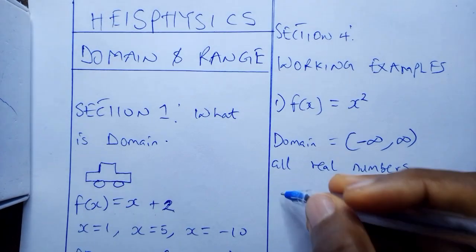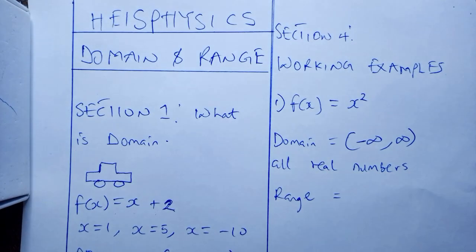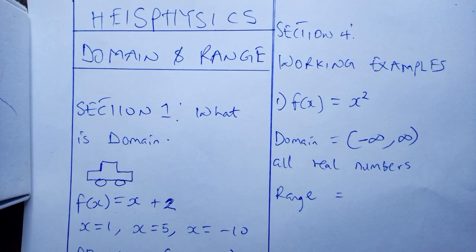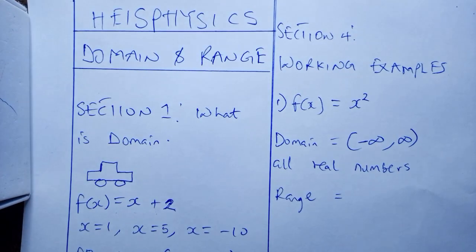So now for your range, which is your output, your output can never be negative. So what does that mean? For the input, we said it's all real numbers, right? And the smallest non-negative real number is 0.